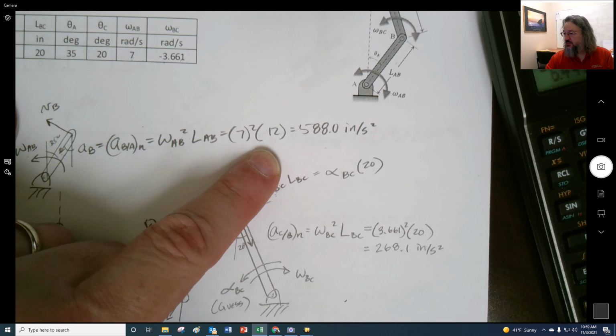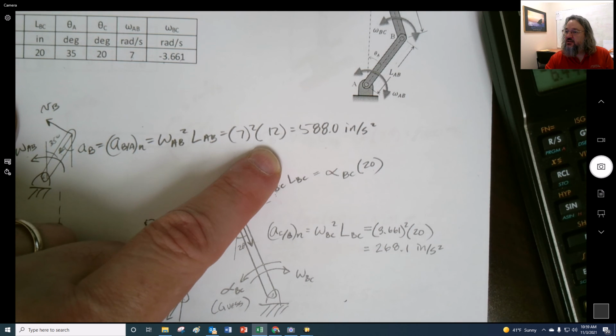Interesting. How did I mess that up? I need 12 and 20 and 7. Okay, wait. 12 and 20 and 7. For some reason it's not right, I messed this other thing up.